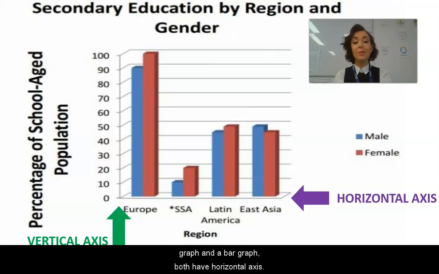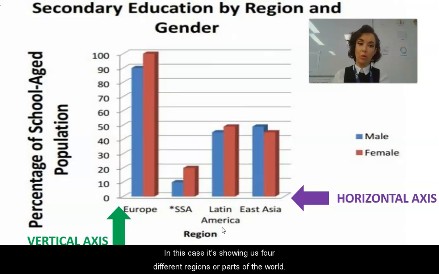A line graph and a bar graph both have a horizontal axis. Now, usually with a line graph, the horizontal axis will show the year, maybe the month, but in this case, it's showing us 4 different regions or parts of the world.